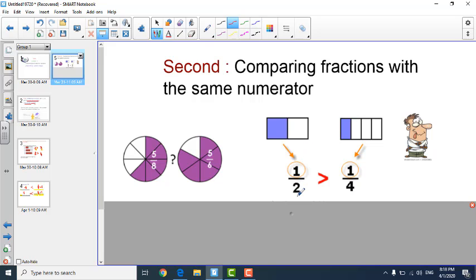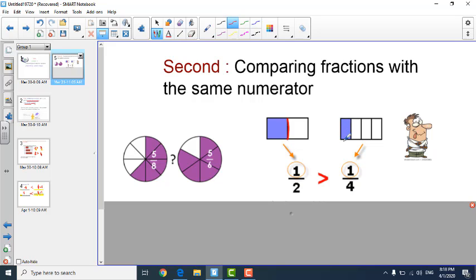Here 1/2. I divide this rectangle into 2 equal parts and I colored 1 part here. Here I divide this rectangle into 4 equal parts and I colored 1 part only.